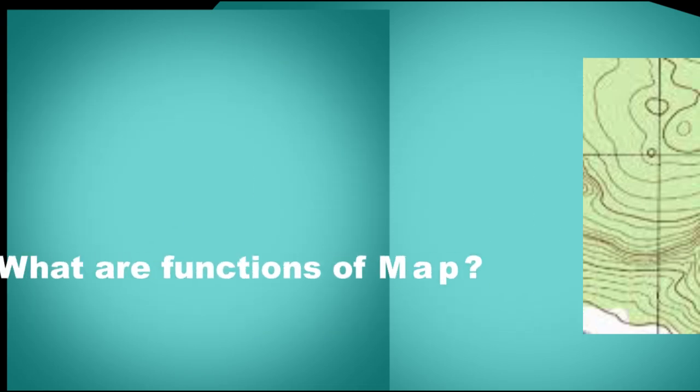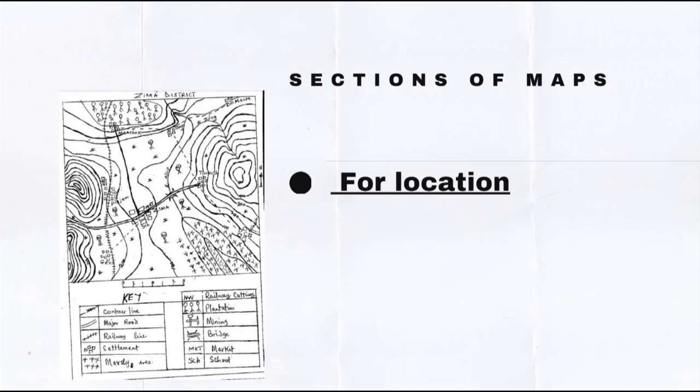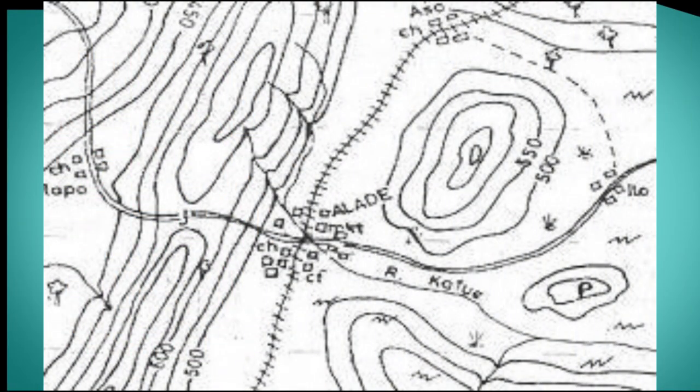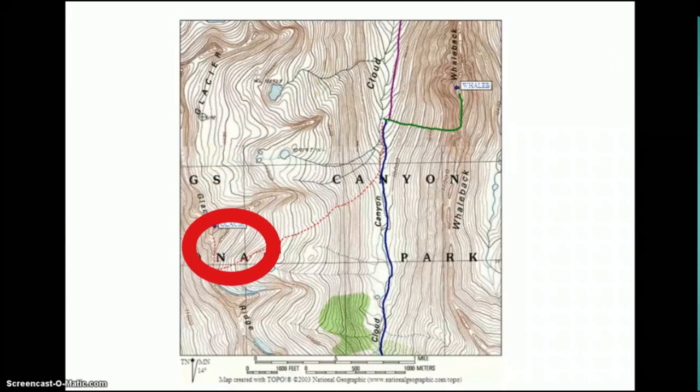Lastly, we'll be looking at functions of a map. What are the functions of a map? First, maps help us to pinpoint or locate an actual place within the globe or within a specific community or a specific country. So any map can be used for this apart from hydrological map. 2.